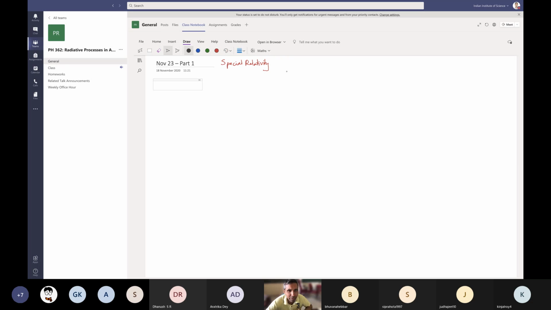People talked of things like ether. When we talk of waves, for example, sound waves in a medium or water waves in water, these waves are moving with some speed with respect to the medium. If you're looking at it in some other frame, these appear to have a different speed. But this was not the case for light.